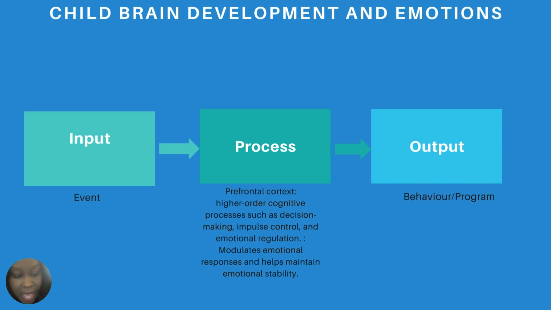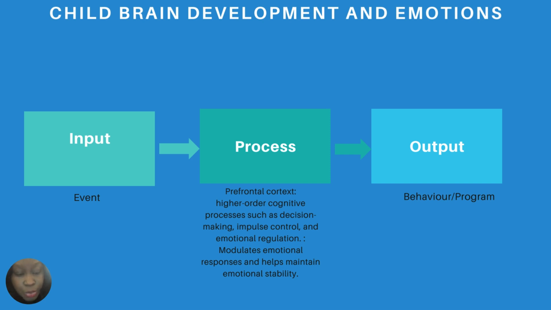Now, we're going to look quickly at child brain development, and this is just a brief outline to establish how the brain works in terms of emotions. Okay, so if we look at the flow on an input, process, output basis, the input is the event that is happening, and the process is the way your brain is processing this information.